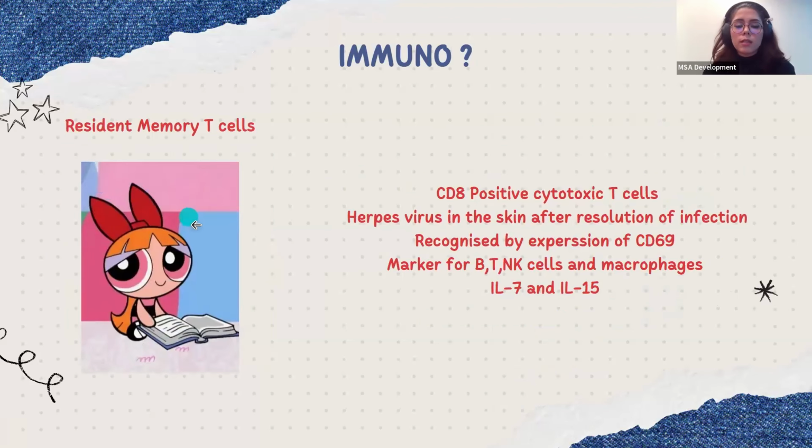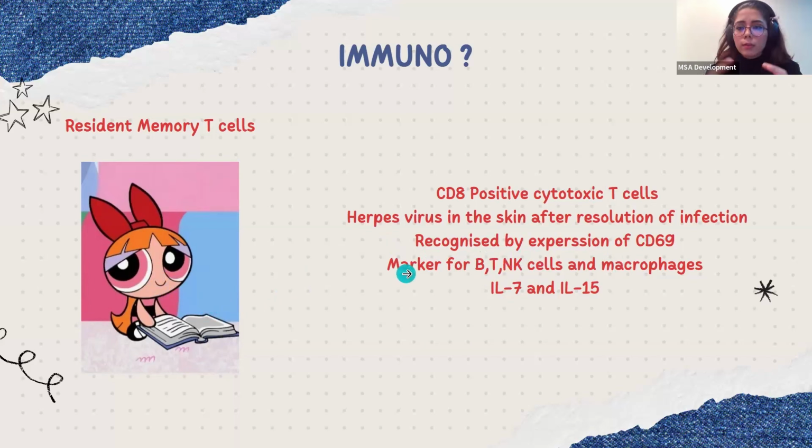Resident memory T cells. These are calm, like Blossom. They're wise in some way, but they still attack. CD8 positive cytotoxic T cells, herpes virus in the skin after resolution of infection. These help the resident memory T cells remember it, I think. They're recognized by expression of CD69.